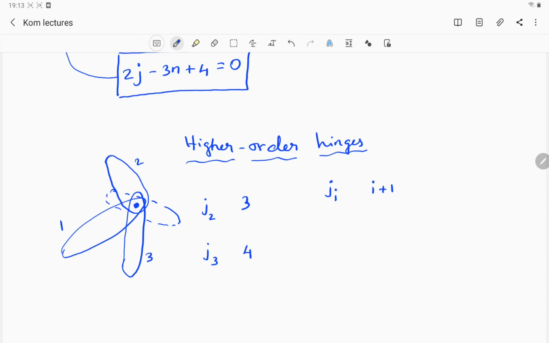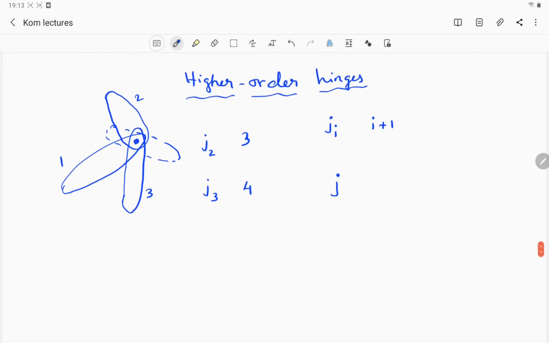So if we have such a hinge, then what kind of modification I have to do in the Kurzbach equation, or how should I count this J in the Kurzbach equation?